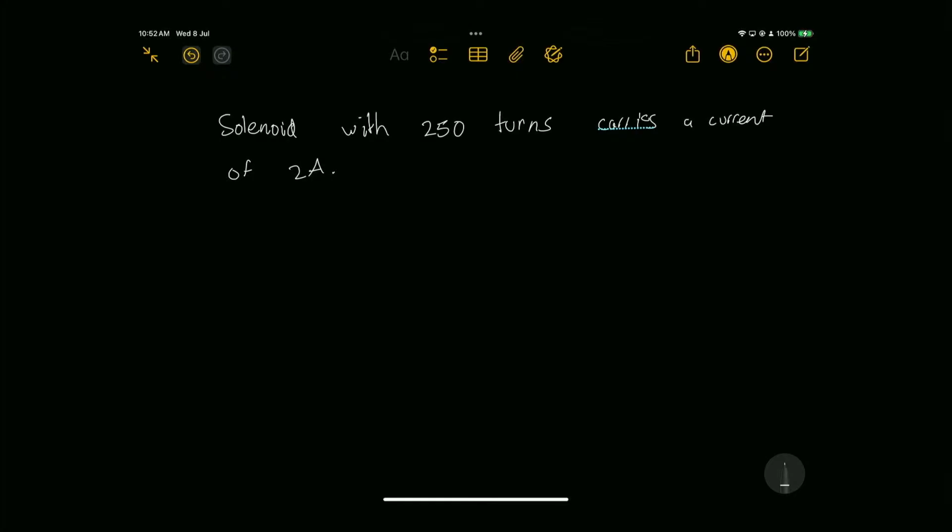What is the magnetic field 0.5 centimeters away from the solenoid? Radially away from the solenoid. 0.5 meters, sorry.